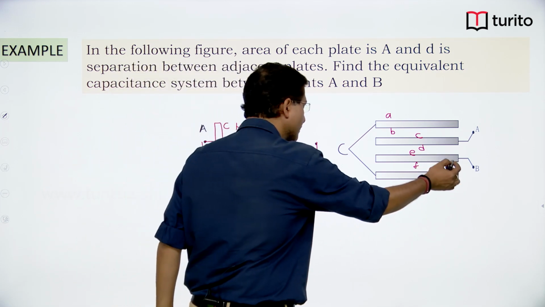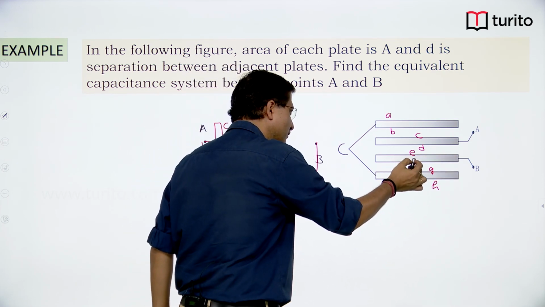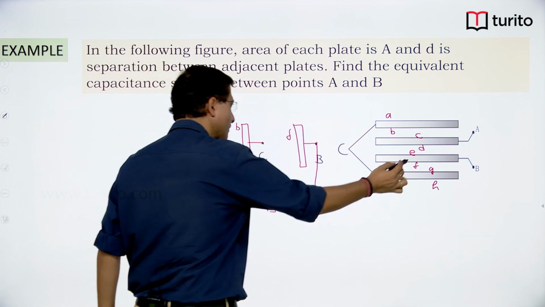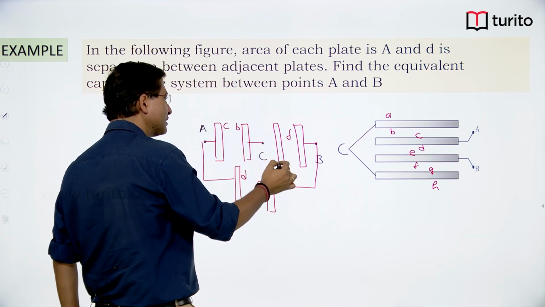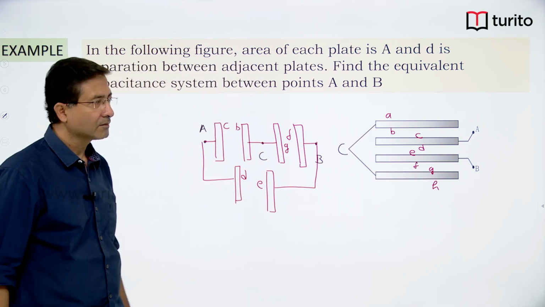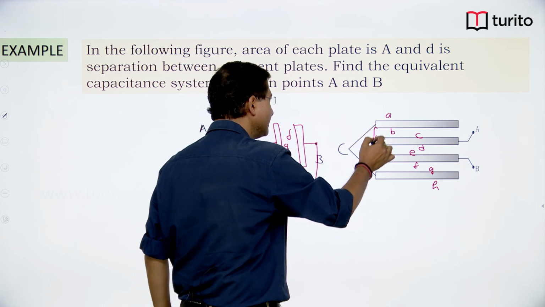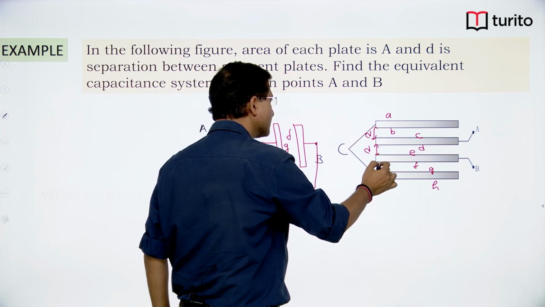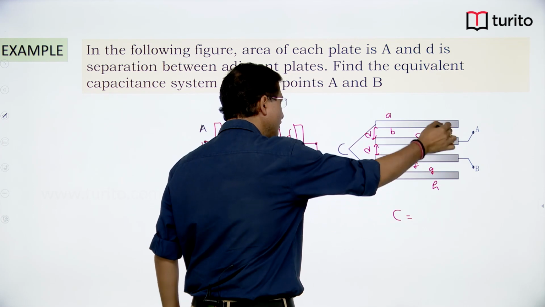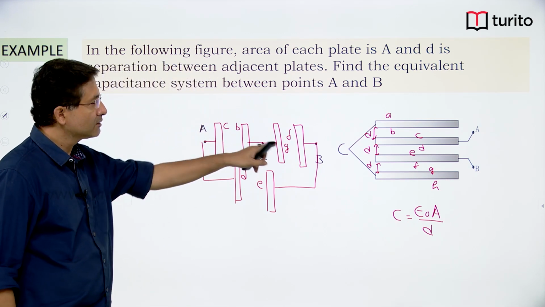So, last one, B's lower surface F facing G which is connected to C, and as the gap between all the plates is same, say D, this gap is D, this gap is D, and I am assuming C is equal to the capacitance for any one of the spaces, epsilon naught A by D. So, C.